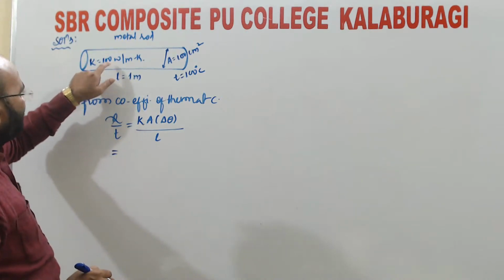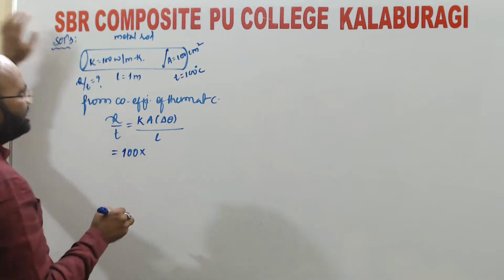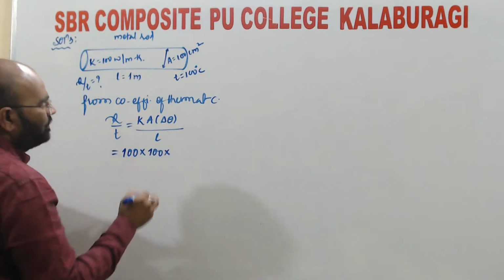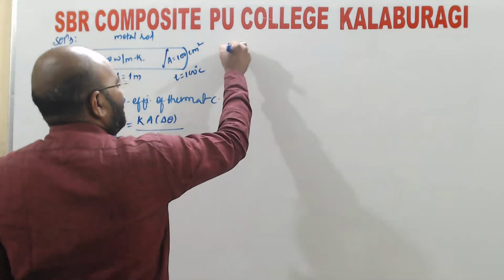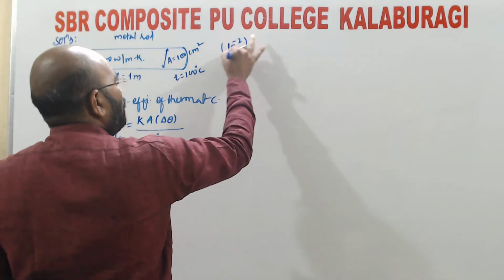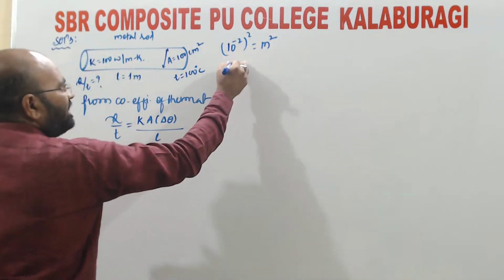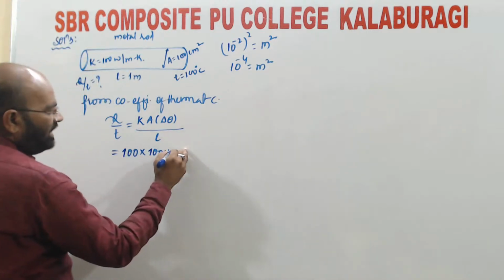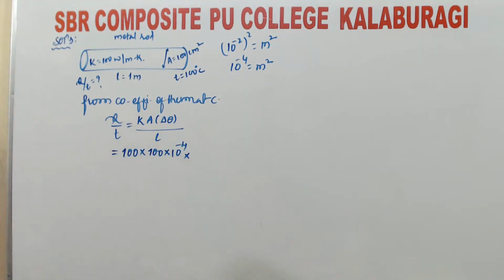The coefficient of thermal conductivity is given. How much is it? 100. Area of cross section is given as 100. So this is 100 into, because this is in centimeters, we have to convert to meters. So 10 raised to minus 2 whole square, this is in meter square. Then we can write 10 raised to minus 4. This is in terms of meter square. 100, that is 10 raised to minus 4, into temperature difference.